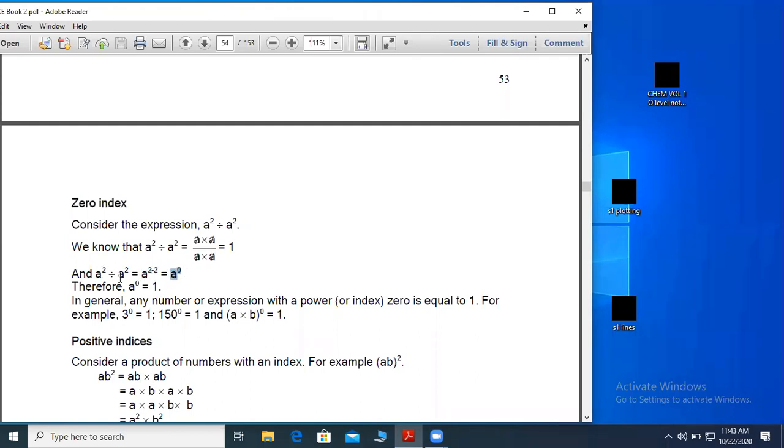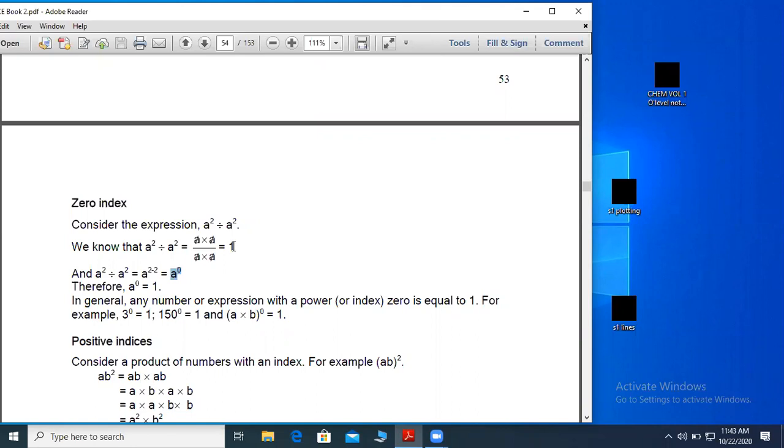So you see, the answer is the same when we use the rules of indices. The answer is a to the power 0. And when we multiply, the answer is 1. So what does that suggest? That simply suggests that a to the power 0, its answer is the same as the answer we got here, which is 1.